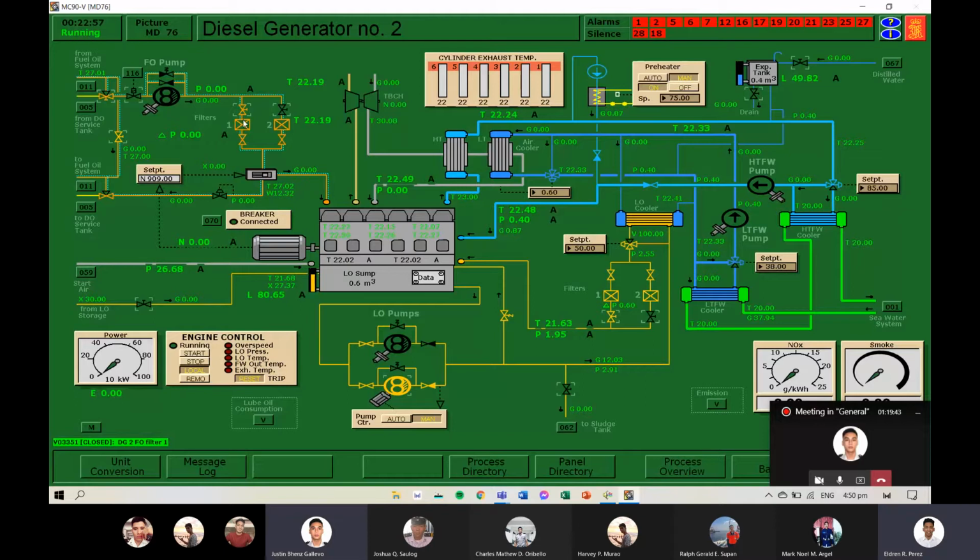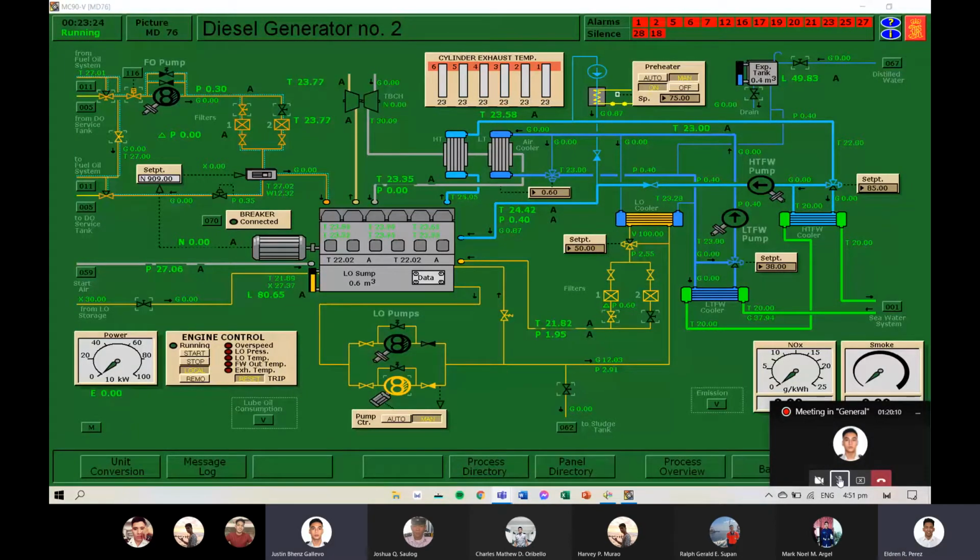Chief Engineer Perez, sir, open pump suction valve fuel. Done. Chief Engineer Perez, sir, check start air pressure, must be above 14 bar. Our start air pressure is 26.97.